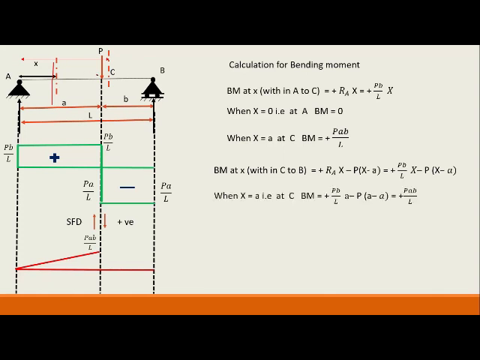At x equals a, that is at C, it will be Pab by L again, and when you put x equals L, it boils down to 0. So we can see the bending moment looks like this, with a straight linear variation, and put a positive sign as per the sign convention.